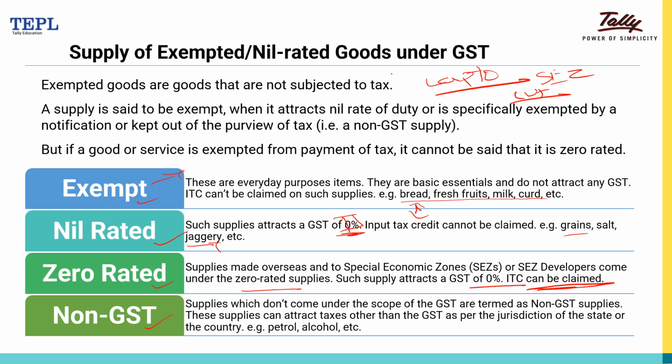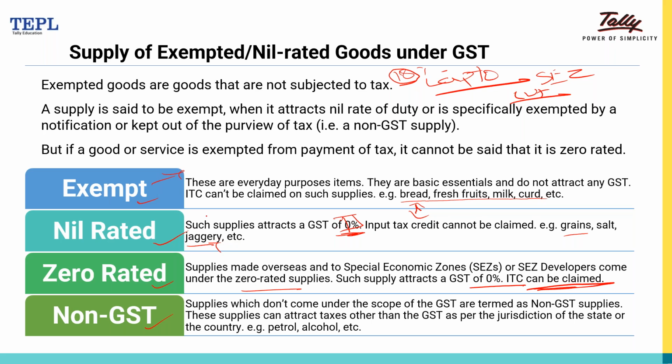That means at the time of purchase I paid 18% tax, but at the time of sale I have not charged any tax on this. So this 18% I can claim. Because we already paid at the time of purchase, we can take input tax credit instead of charging on the sales. So this is zero rated.